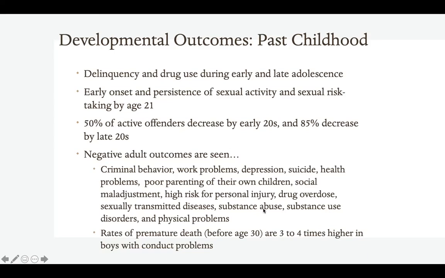We can also look at the rates of premature death because of the judgment issues they have. Judgment skills are not really quite there, and of course, given the type of delinquent behavior they get themselves into, they tend to have more premature death, perhaps by the age of 30. This is 3 to 4 times higher in boys who have those conduct problems early.